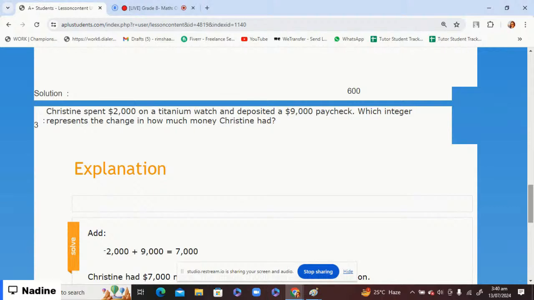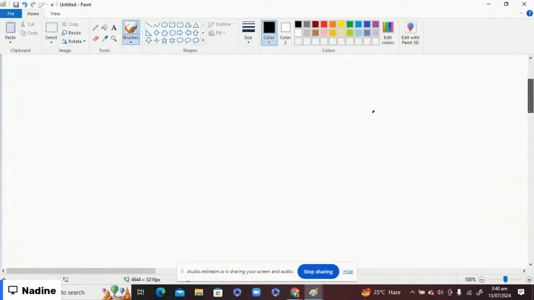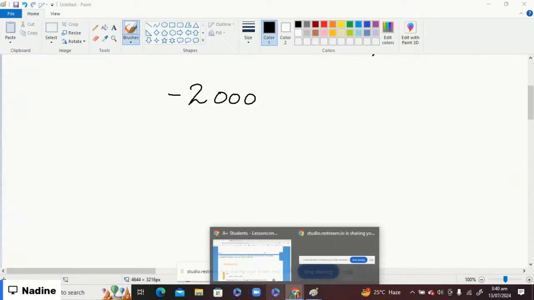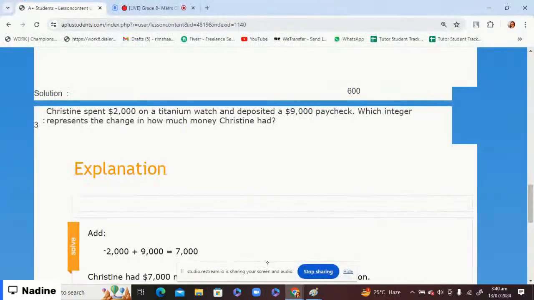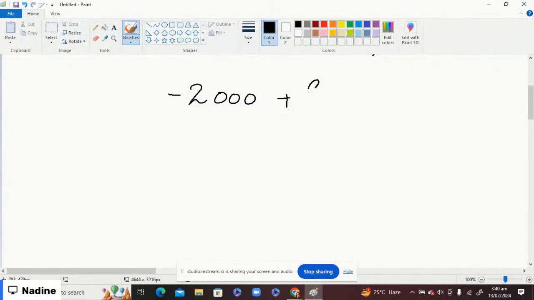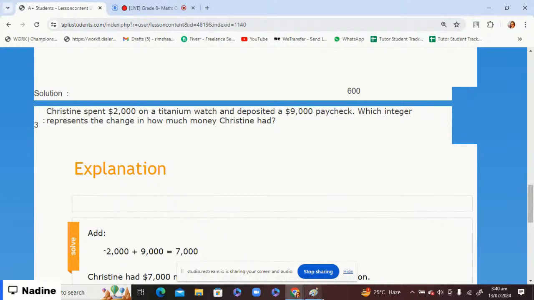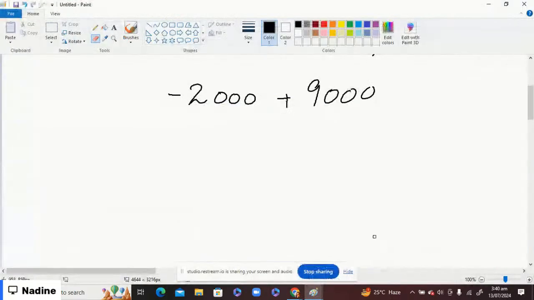So it means minus 2000 she spent on the titanium watch, and how much she deposited, that is the 9000 paycheck. Let me check again, it's 9000, yeah, and 2000 is spent.